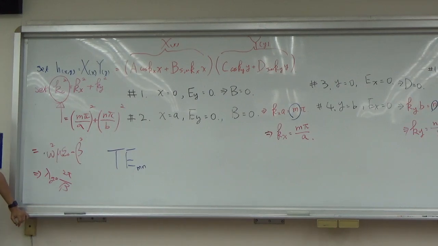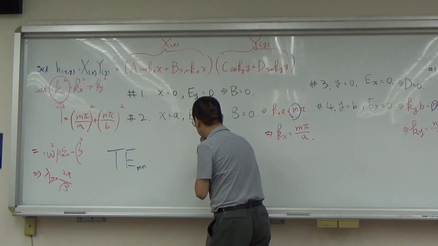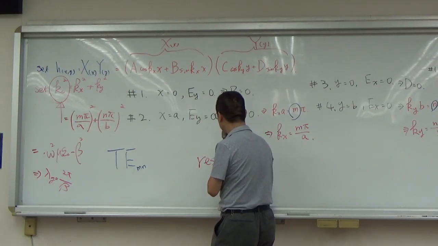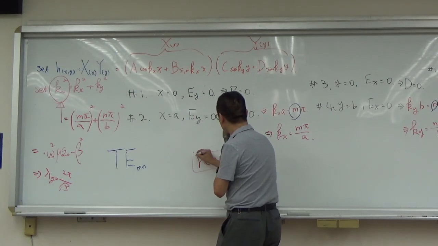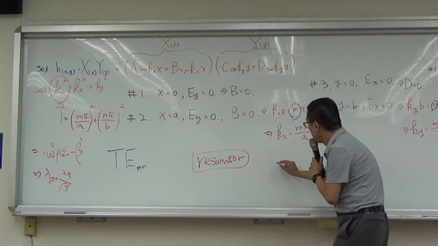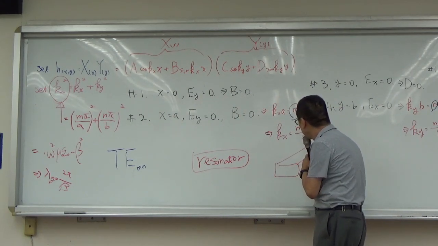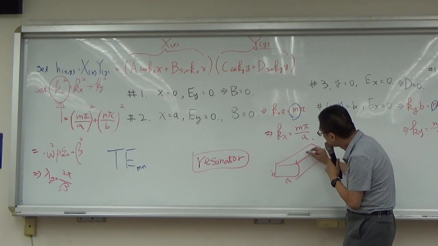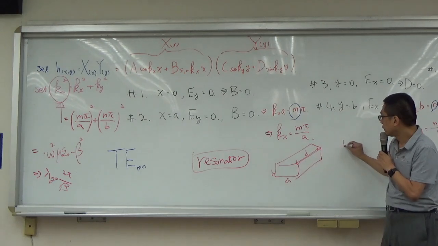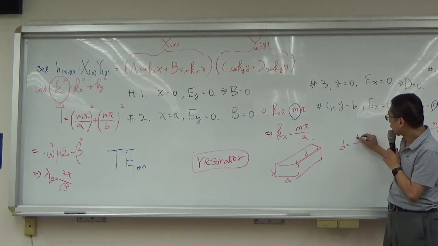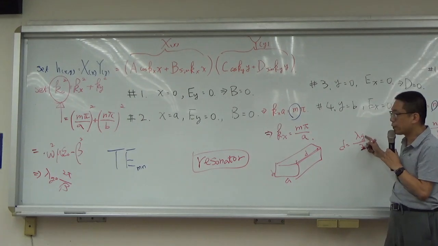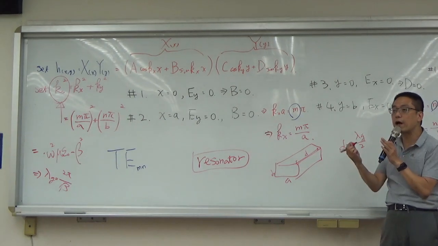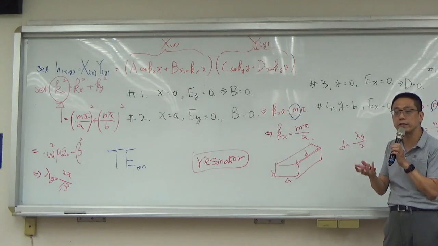And you can decide a half wavelength waveguide as your resonator. If the length, call this d, equals half wavelength, it can become a resonator and resonate.